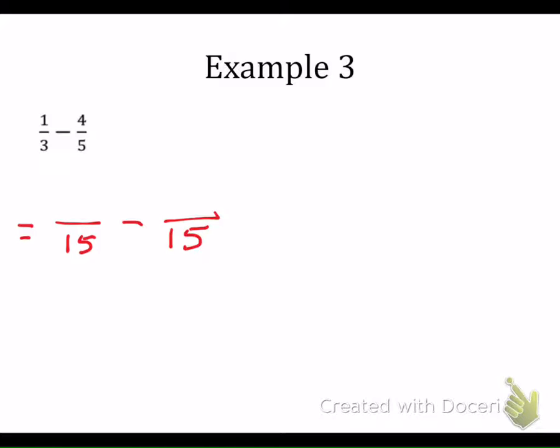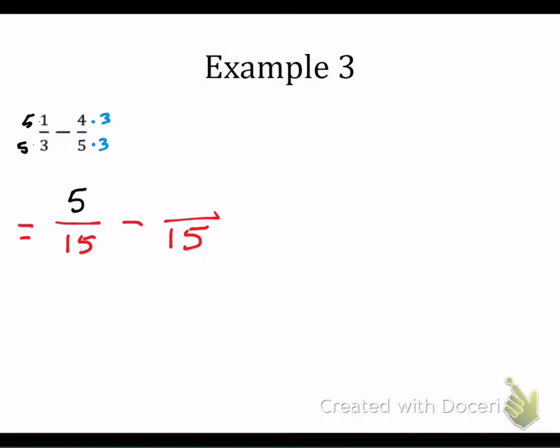So if I want to turn a 3 into a 15, I need to multiply by 5. So I need to multiply the numerator and the denominator by 5. 5 times 1 is 5. Okay? Next, how would I turn a 5 into a 15? Well, I would multiply that by 3.